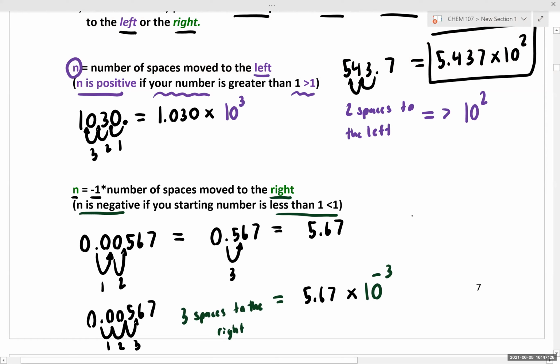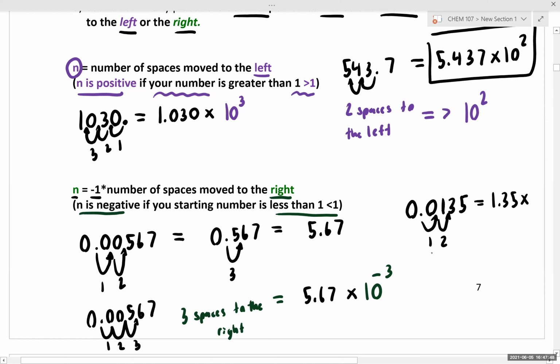Let's do another example, 0.0135. So first, we have to move our decimal point over to give a number between 1 and 10. So we'd move our decimal point over 2 spaces, and that would give us 1.35.